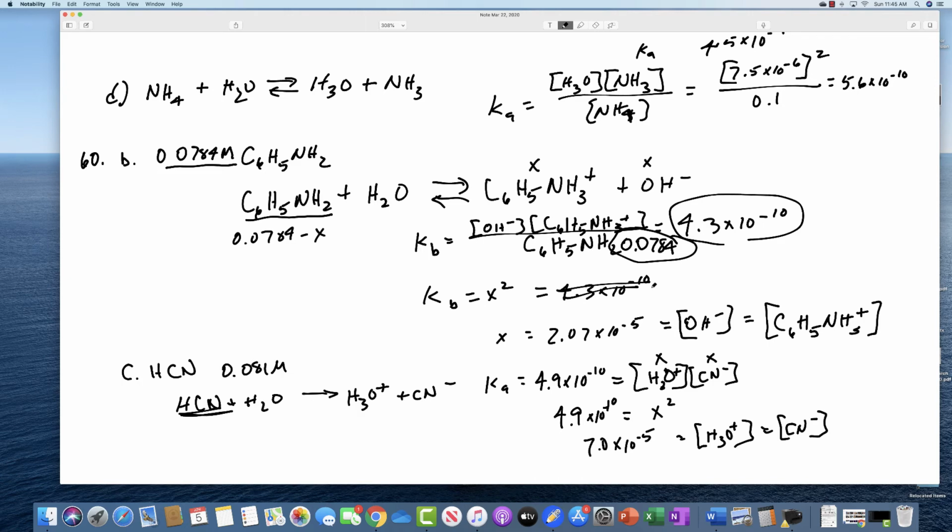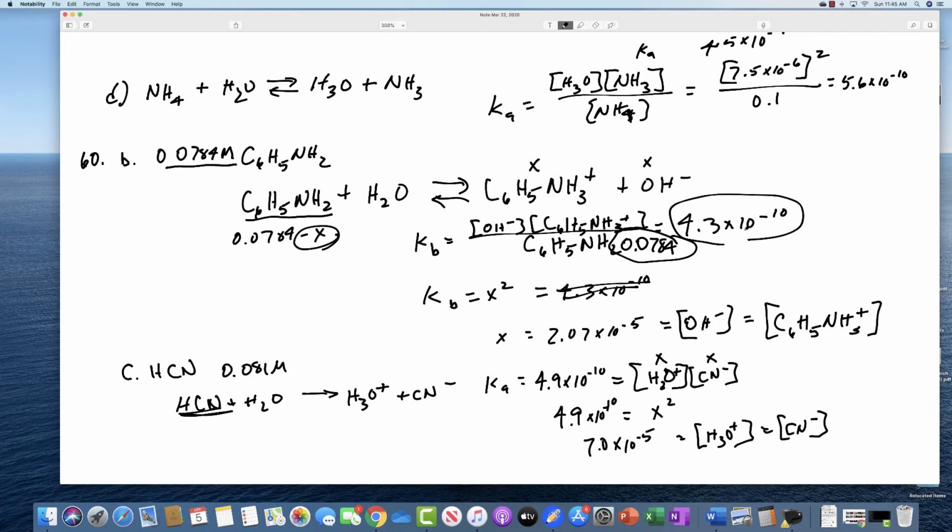So if we take 4.3 times 10 to the minus 10 and multiply it first by 0.784. So you can't disregard this number, you just disregard the effect of x on this number. And I'm sorry that I got that confused.